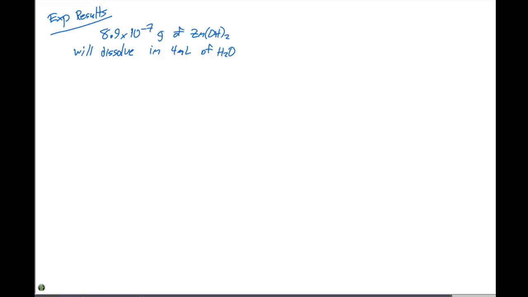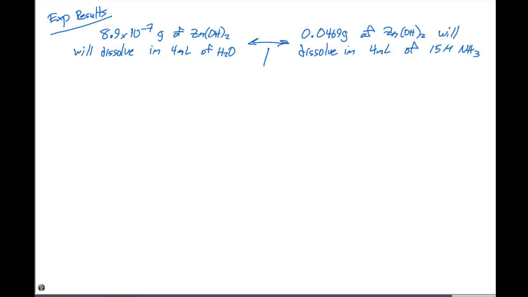But if we compare that to the result that we just calculated, we can say that 0.0469 grams of zinc hydroxide, or ZnOH2, will dissolve in 4 milliliters of 15 molar NH3. What I want to point out here is that these two values are a dramatic difference.